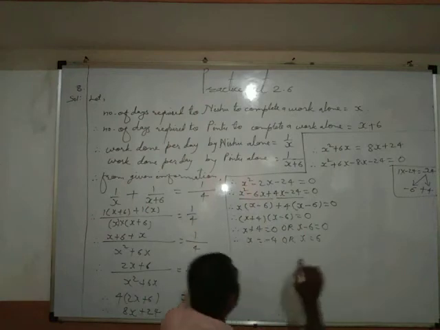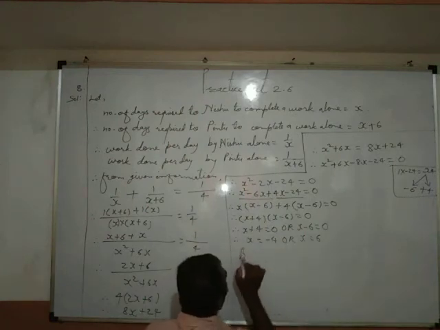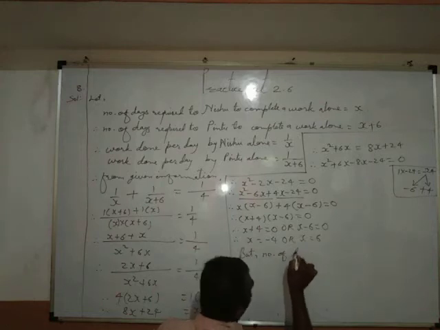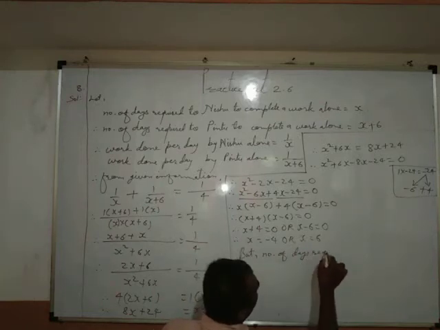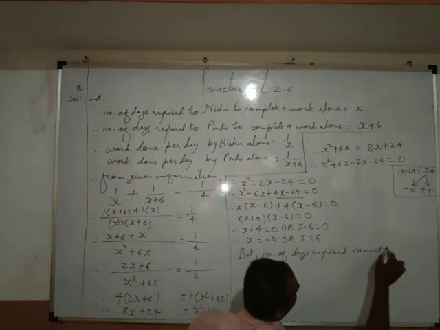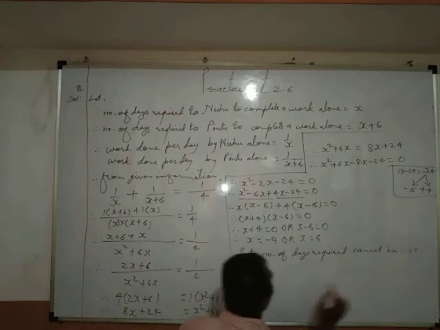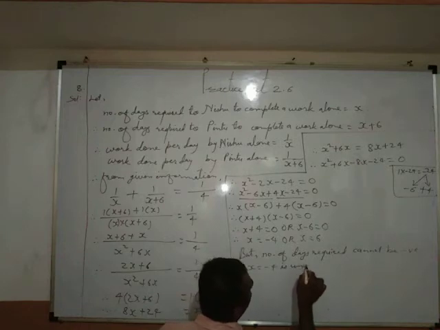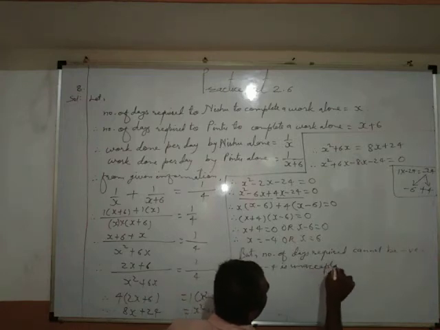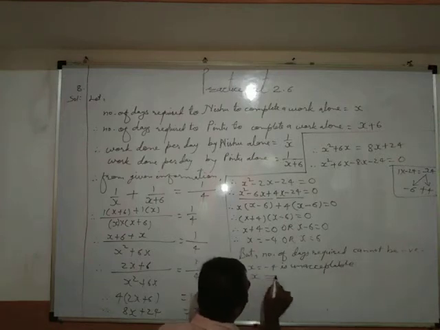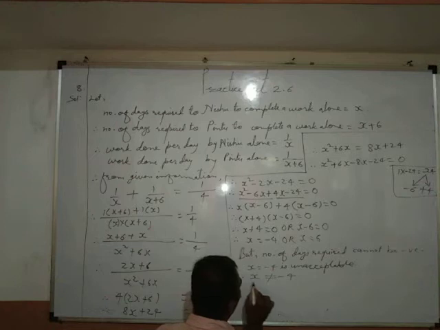But the number of days required cannot be negative, and therefore x equals minus 4 is unacceptable, and therefore x must not be equal to minus 4, and therefore x must be equal to 6.